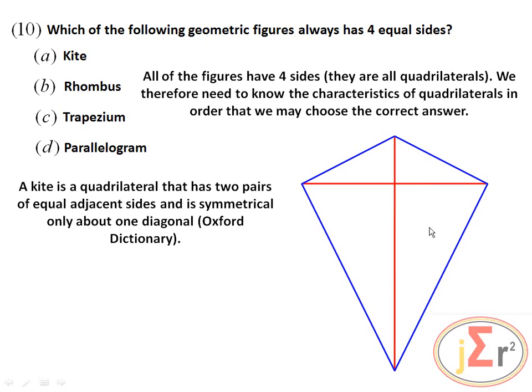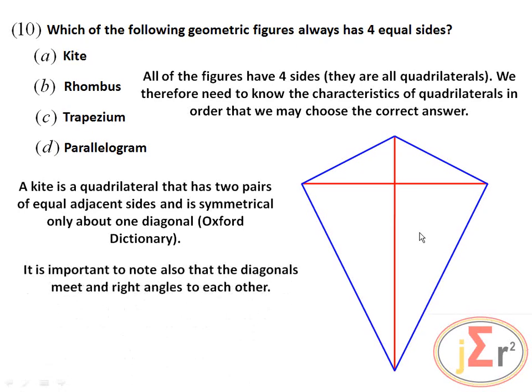It is symmetrical only about one diagonal. It is important to note also that the diagonals meet at right angles to each other. So in a kite, the diagonals are always at right angles to each other.